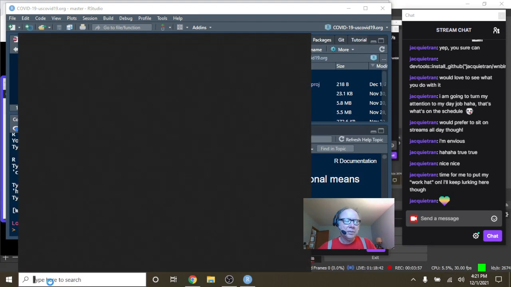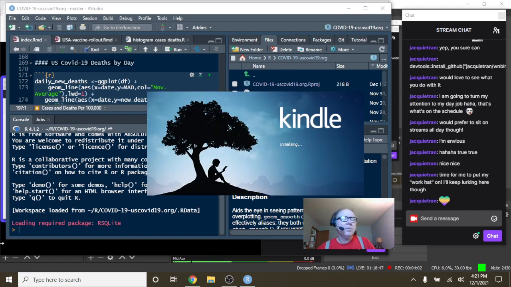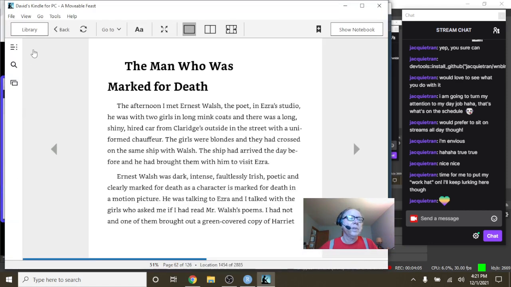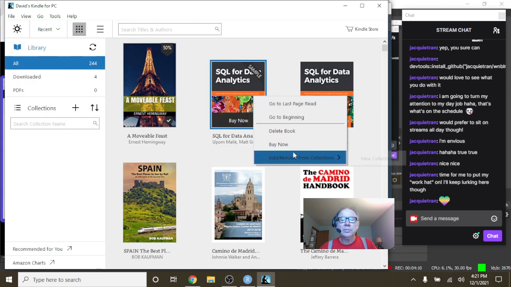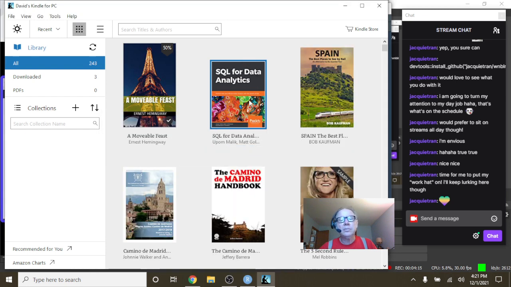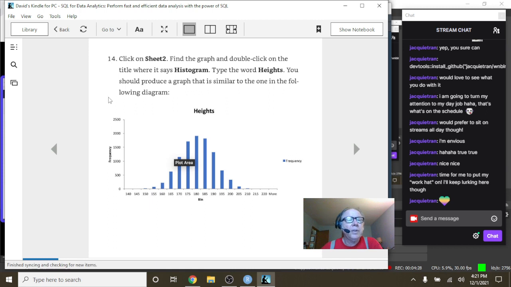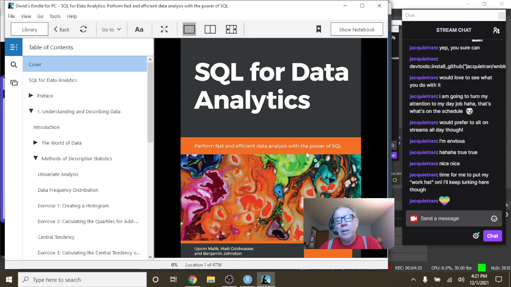I'm also looking at a book, and I've also got this book here, which I haven't started yet.